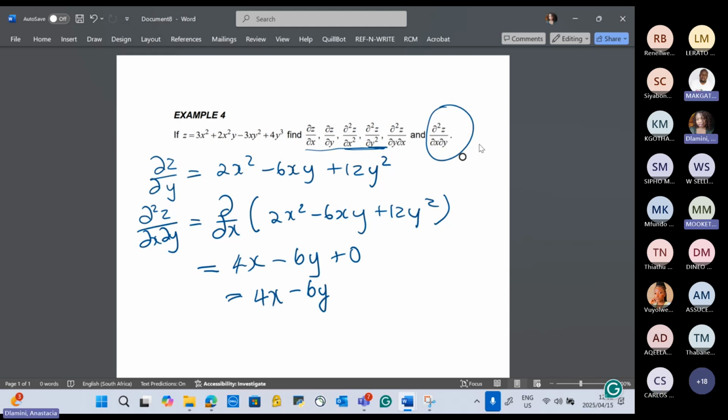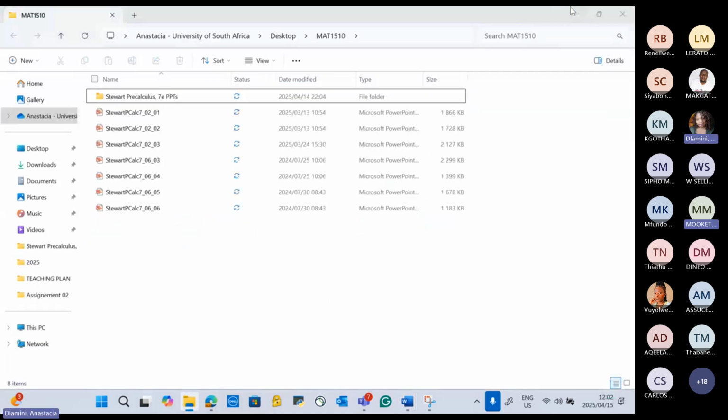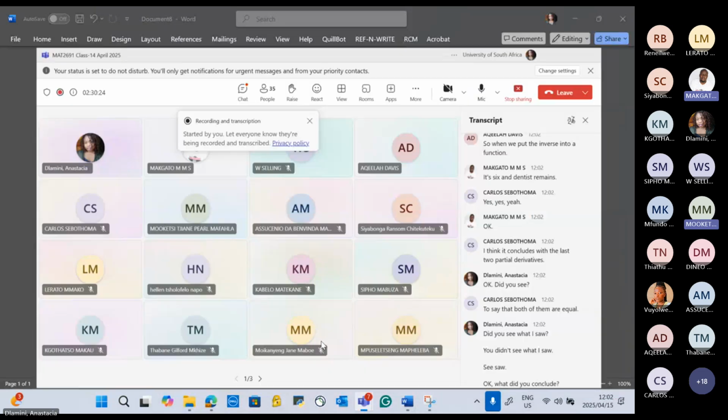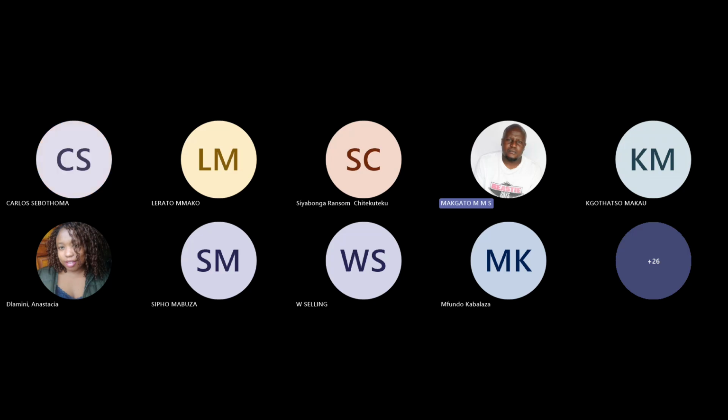Did you see what I saw, or you didn't see what I saw? What did you conclude? The last two that we did had exactly the same answer. But we put the partial derivative back into the other function.